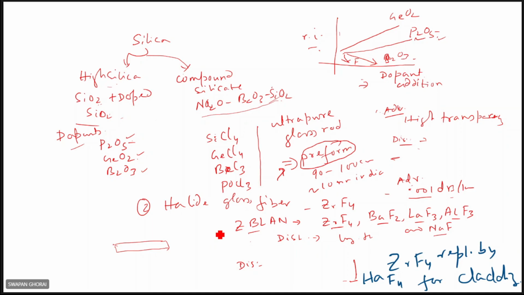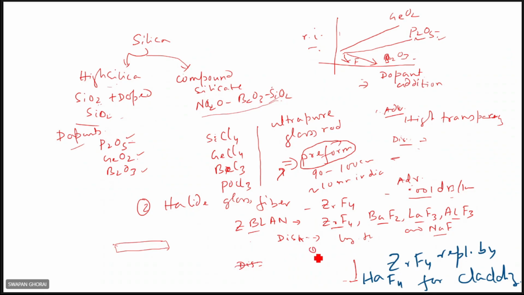Also, during the fabrication process, there is a formation of microcrystals. That will have a drastic effect on scattering losses. So these are the disadvantages. Disadvantage number one is long preforms, which are typically difficult to fabricate.